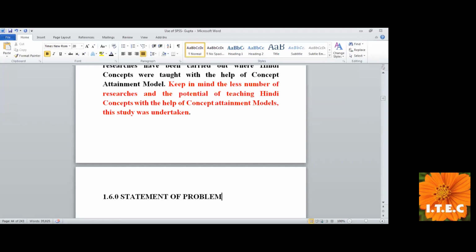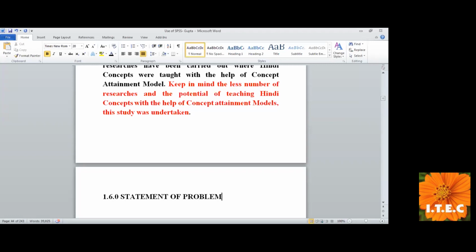My dear friends, I have seen in Shodh Ganga, in the theses, that they have written the statement of the problem in paragraphs, something like 2 or 3 pages. I do not understand it.